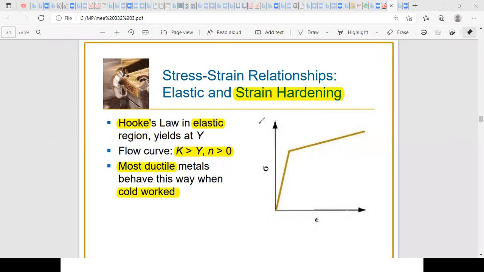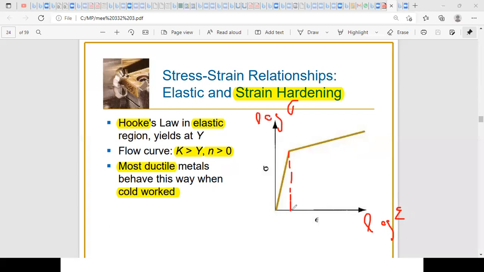So here, this is log-log, log of sigma versus log of epsilon. And you can see that in this case, you have in the elastic region a linear variation, because of course, if the variation is linear in a normal scale, it will also be linear in a log scale.